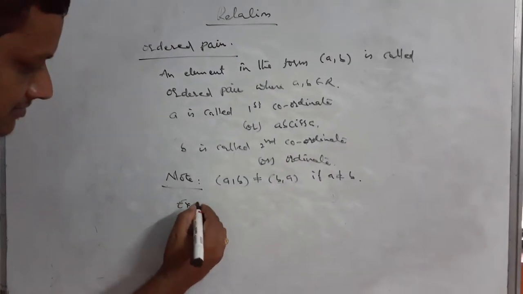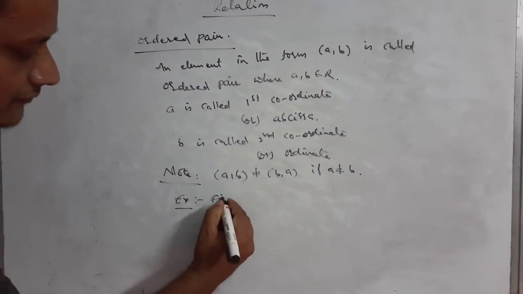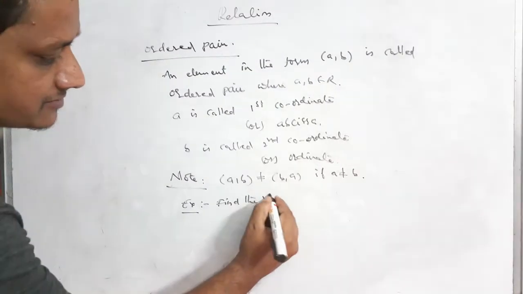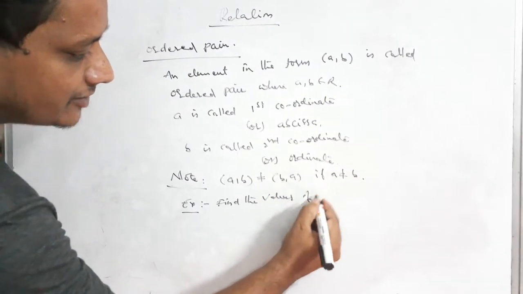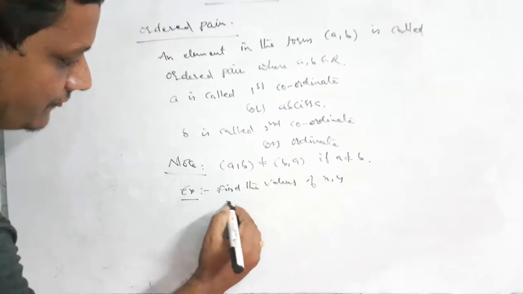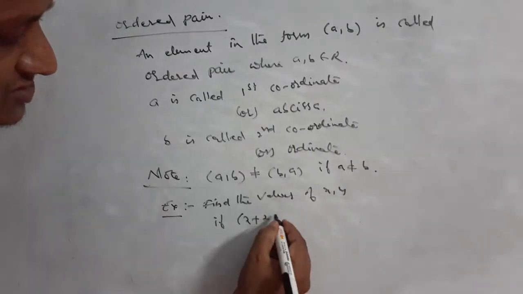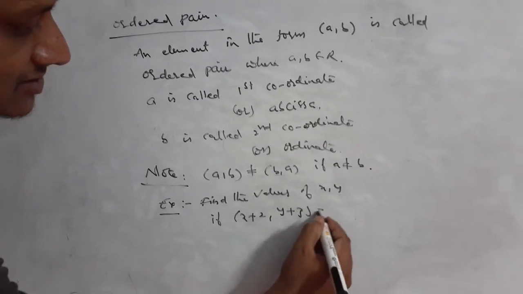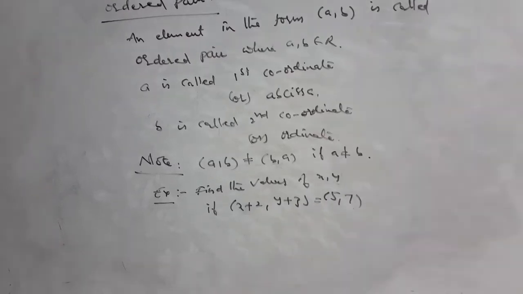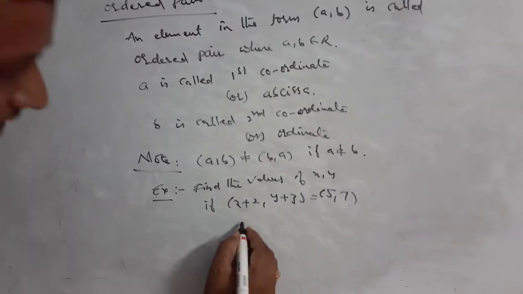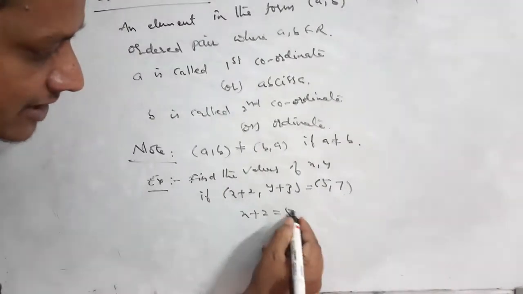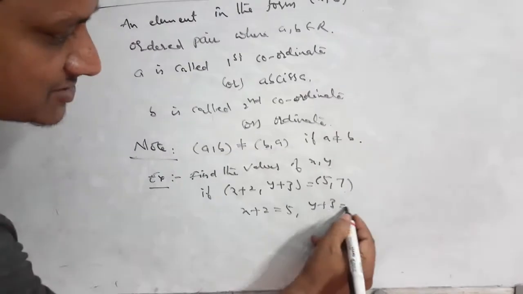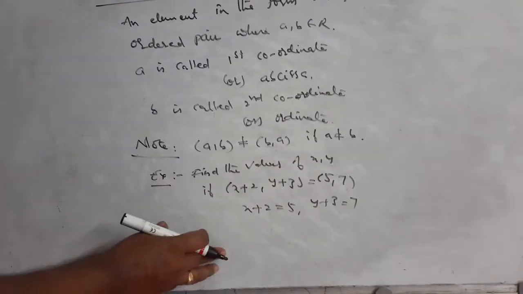For example, now find the values of x, y if (x plus 2, y plus 3) is equal to (5, 7). Here x plus 2 is equal to 5 and y plus 3 is equal to 7. These two are ordered pairs.